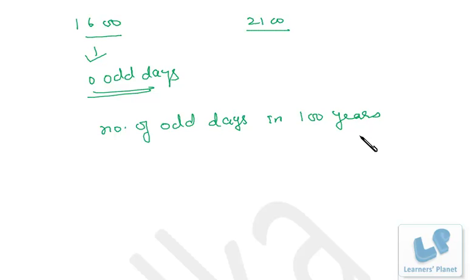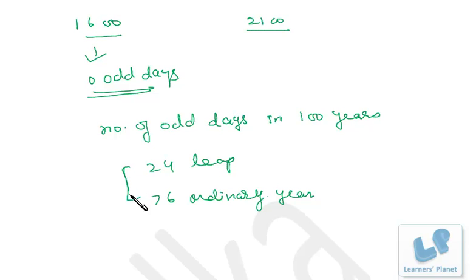But what happens, friends, as I have already told you, in 100 years, from 1600 to 2000, the 4th century will be a leap year. So you have to keep this thing in your mind that in 100 years there will be 24 leap years only. 24 leap years. And 76 will be ordinary years. Okay, or we can say non-leap years. That is the important thing. That is the only thing that you have to keep in your mind.